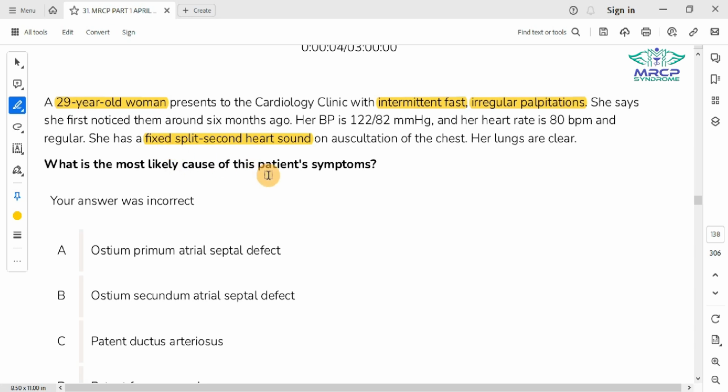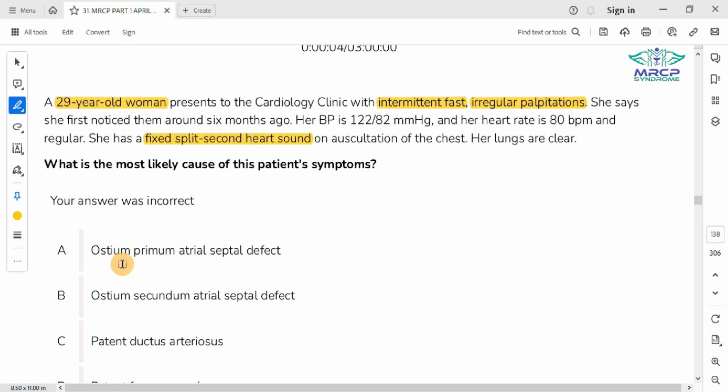So what is the most likely cause of the patient's symptoms? Ostium secundum ASD. So fixed splitting of the second heart sound is pointing towards the atrial septal defect. ASD can be due to ostium secundum defect, can be due to ostium primum defect. Ostium secundum is more common, and usually we can easily differentiate depending on the ECG.